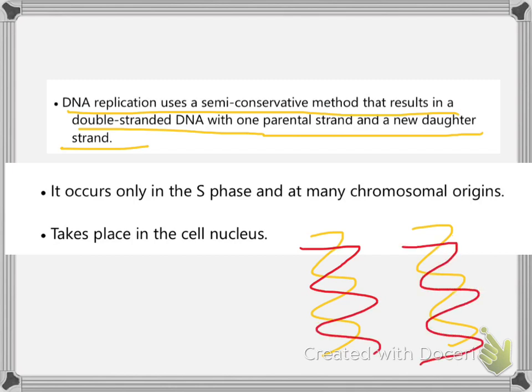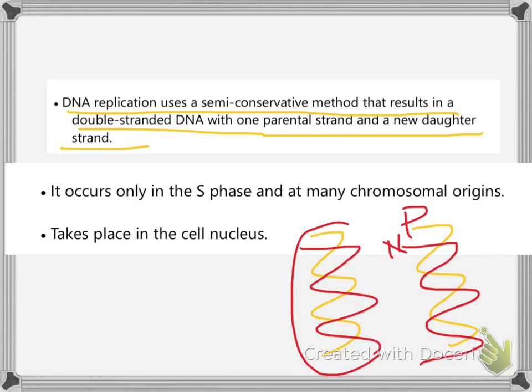So this type of replication is known as semi-conservative replication. That is, for each strand of DNA, one new complementary strand is synthesized. That is, this contains one parent strand and one new strand.